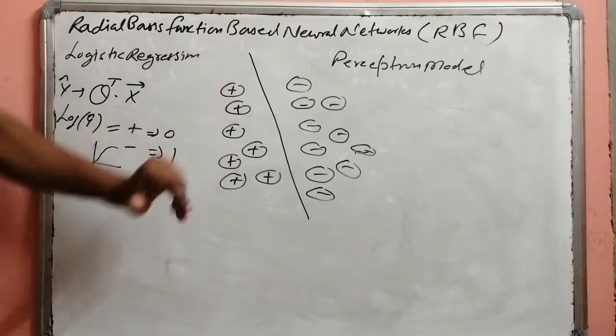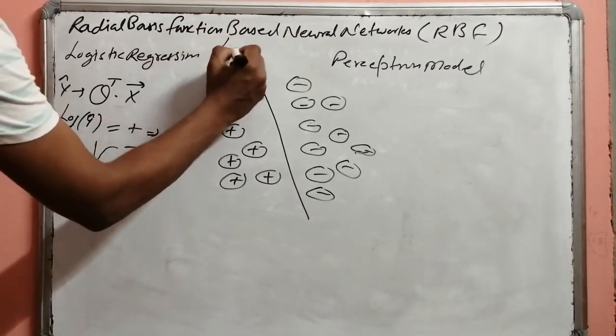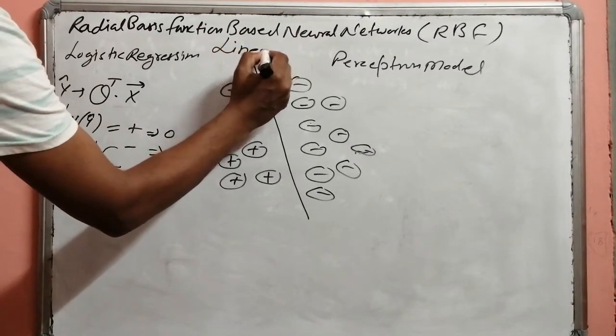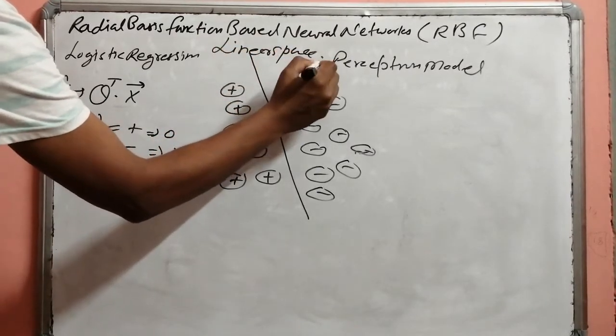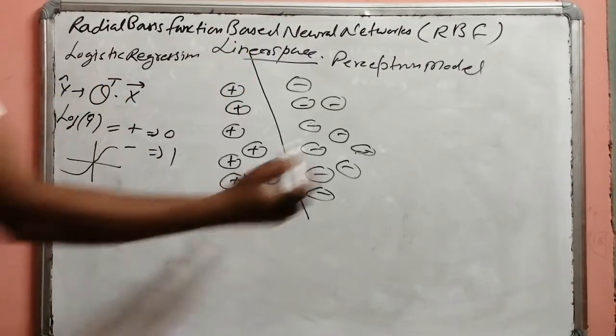The condition is that these patterns were distributed over linear space, meaning they were linearly related. Now consider the case of perceptron for the same application.